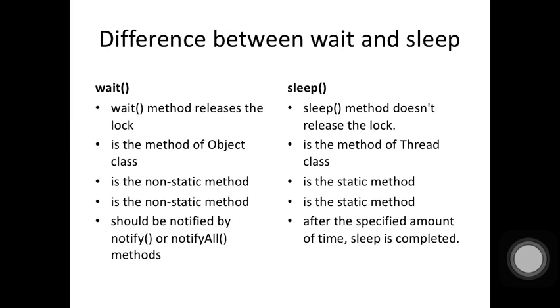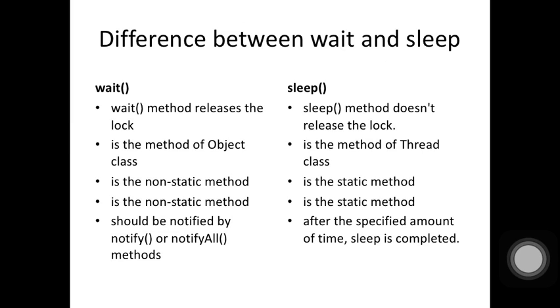And the next one is we will see the differences between wait and sleep. The wait method releases the lock, and the sleep method doesn't release the lock. Sleep is a simple method which suspends for a certain period of time, but wait is not like that, it simply releases the lock. And wait is a method of the Object class, and sleep is a method of the Thread class.